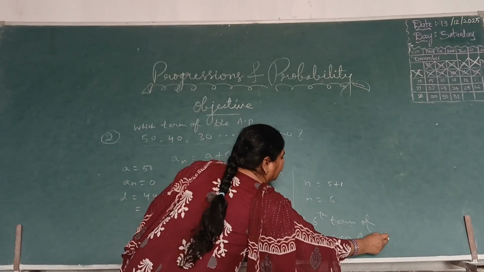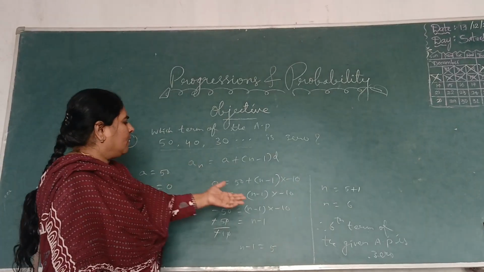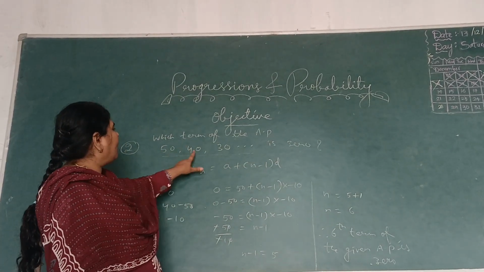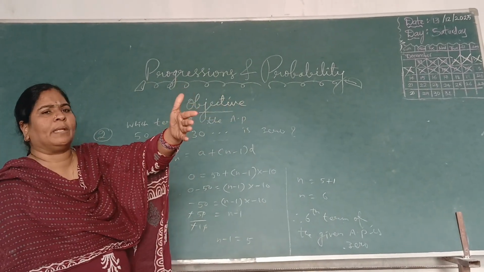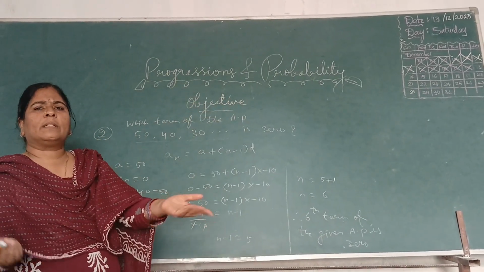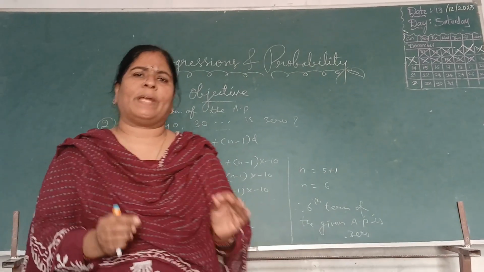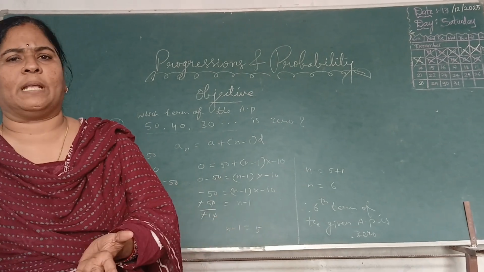You can check your answer whether it is right or not. The sixth term you can easily find, children, as it is 50, 40, 30. Next term is what? 20. Next, 10. Next term? 0. Sixth term is 0. Like that, a mathematics student can check whether she or he is right or wrong herself or himself.